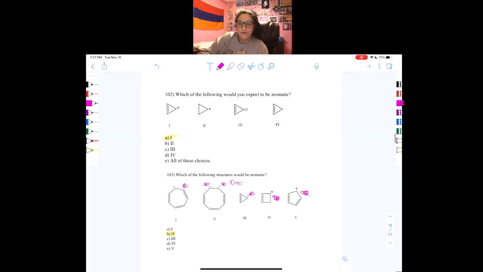I'll zoom out for a moment, and then we will go to the next page.